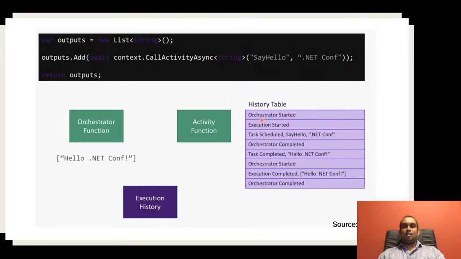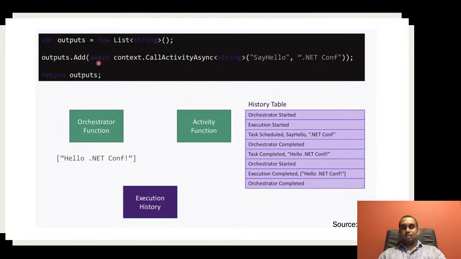How does this happen? That's really important to understand, because it's not the normal traditional way. The orchestrator cannot actually store state inside itself. It will reference this execution history when needed. Now the first step: the orchestrator starts and executes.